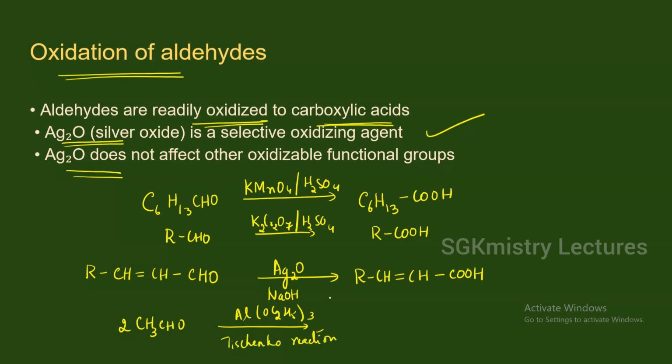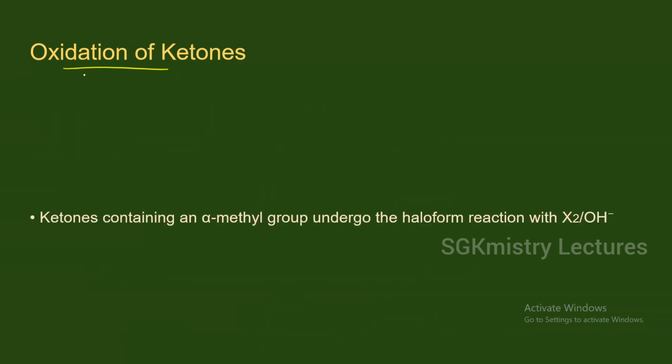Here what you get is CH3C=OOCH2CH3, where two such acetaldehyde molecules are joined together. Along with this oxidizing agent, the oxidation reaction takes place where two such molecules join together to form the ester.